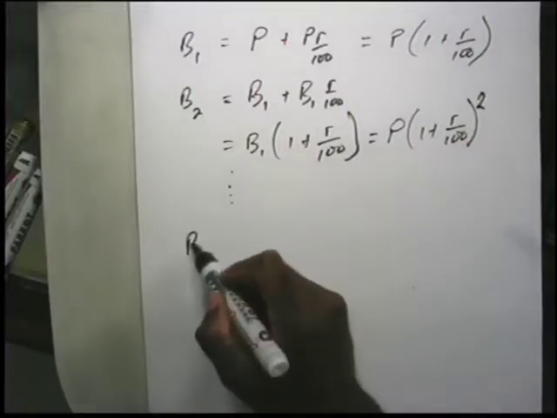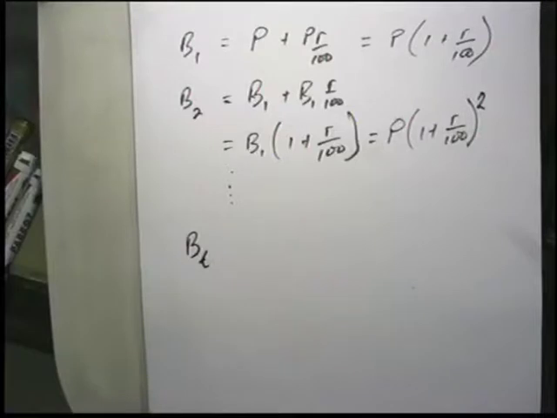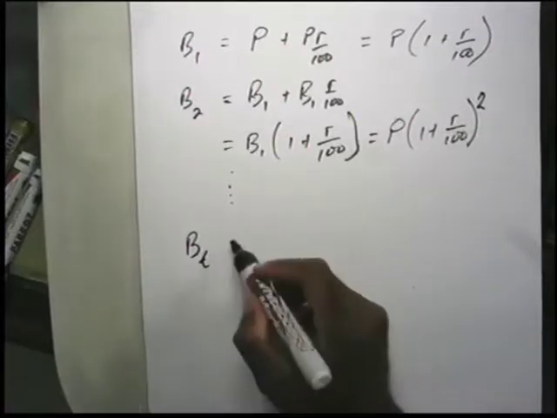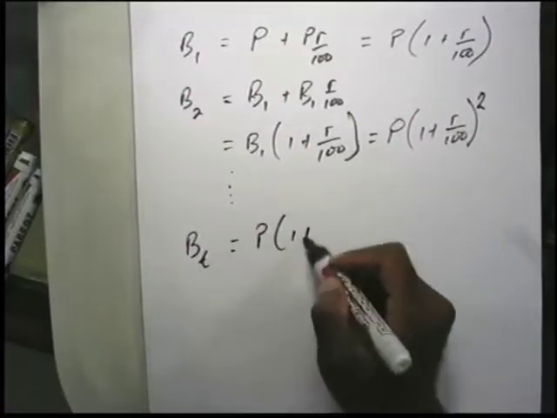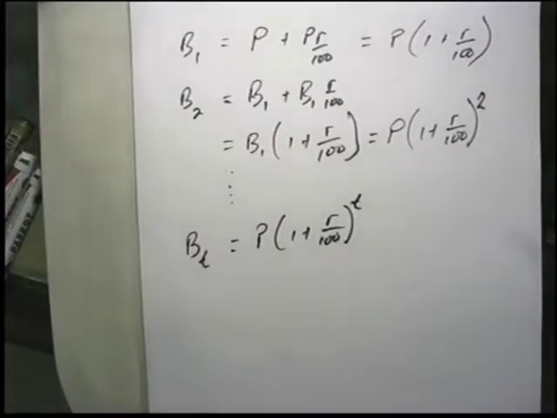If you continue this way, then your BT for a general number of years T will be P(1 + R/100) to the power T. Good.